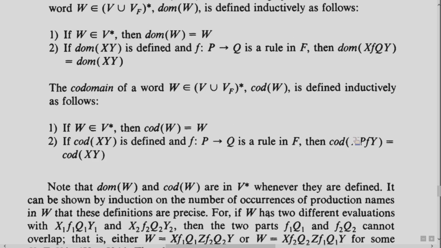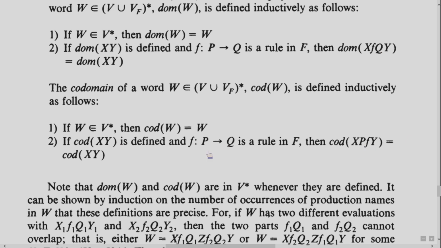But if it contains some production name also, F also, then its codomain is given as the codomain of XQY, but this time the condition is that the codomain of XQY should exist, and secondly P to Q should be a production.